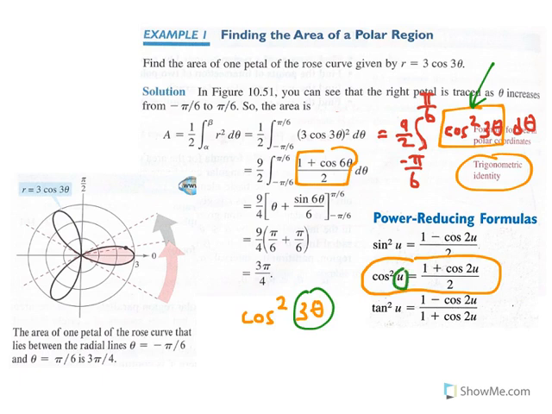So when you rewrite cosine squared u, you will have 1 plus cosine of twice the angle that you had, all of that over 2. So this will be rewritten as 1 plus cosine of 2 times 3 theta is 6 theta, all over 2. And that's why you have this particular line.